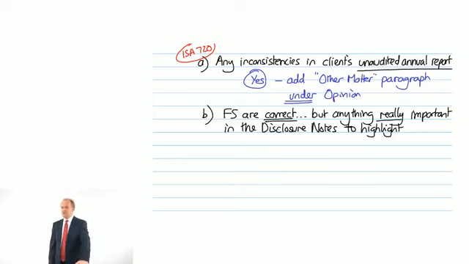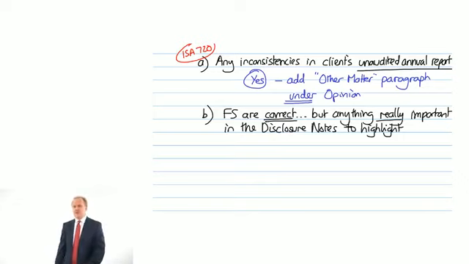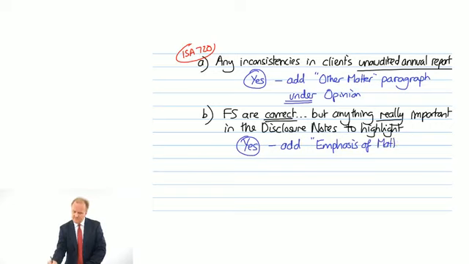So the financial statements are right. I'm not saying they're wrong, but if there's something in there really, really important that you think you want to make sure the shareholders have seen, then we will. And what we do is we add an emphasis of matter paragraph. Now this also goes under the opinion.